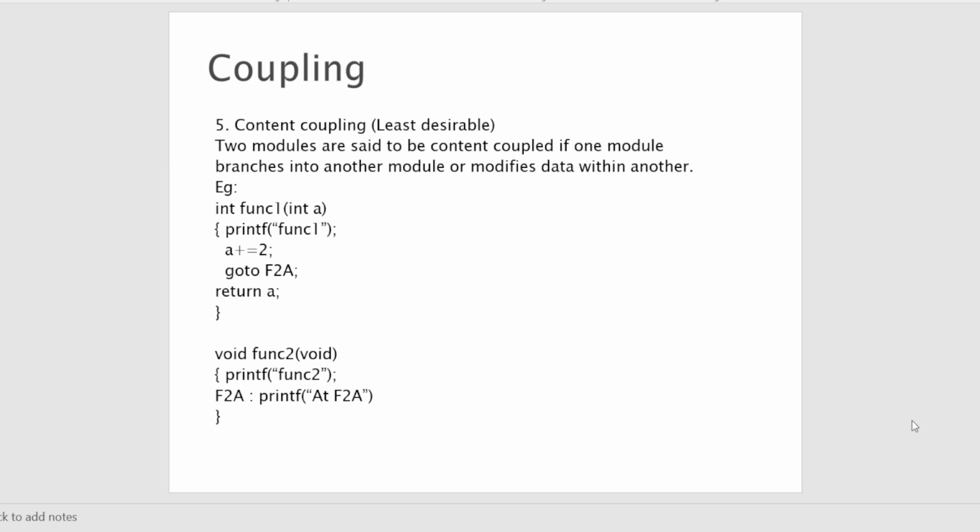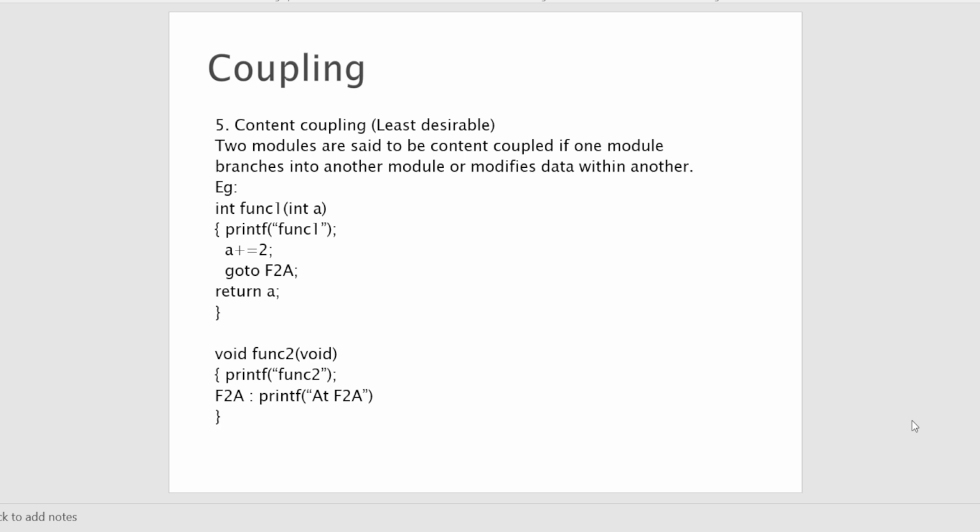And finally, content coupling, which is the least desirable coupling. Two modules are said to be content coupled if one module branches into another module and modifies data within the other module. Like I have a function f1 with integer a. It executes, prints function 1, adds 2 to a, and then has a goto to label f2a. f2a is inside function 2.